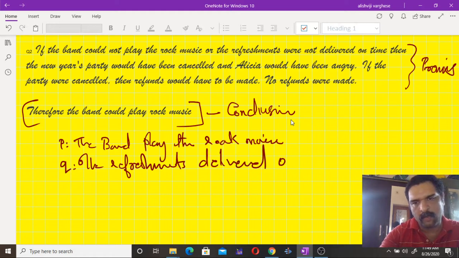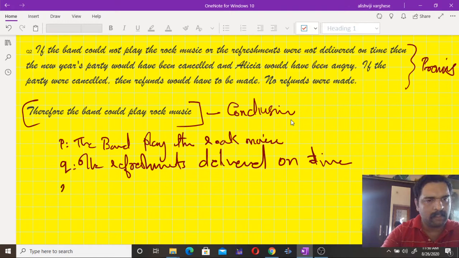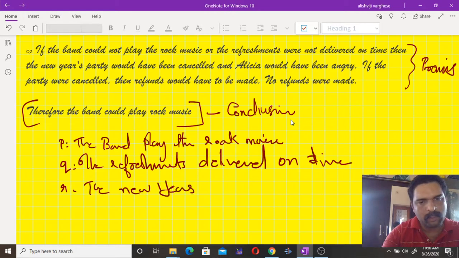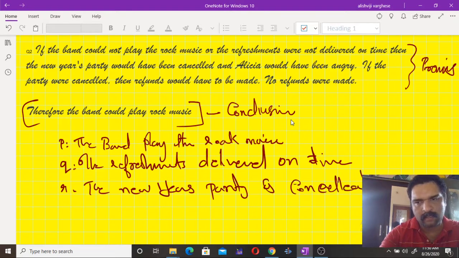That's our second statement, Q. Then the third one, if the refreshments were not delivered on time, then the New Year's party would have been cancelled. The New Year's party is cancelled.